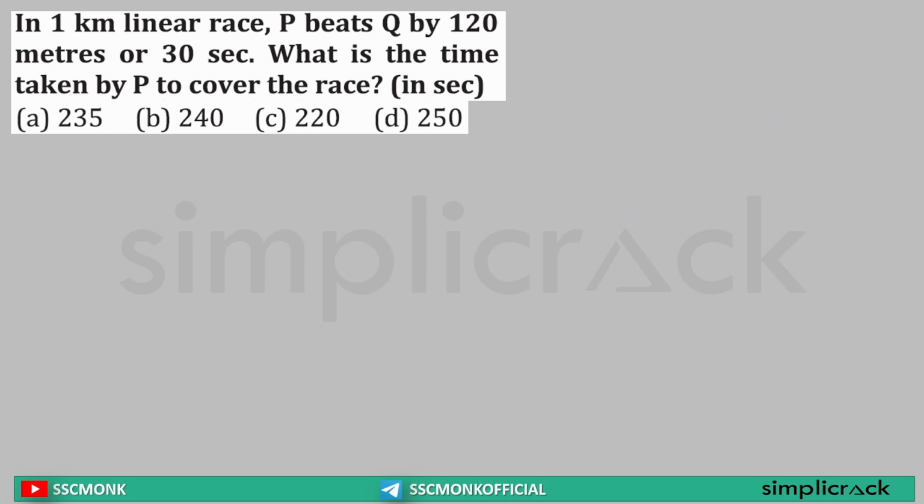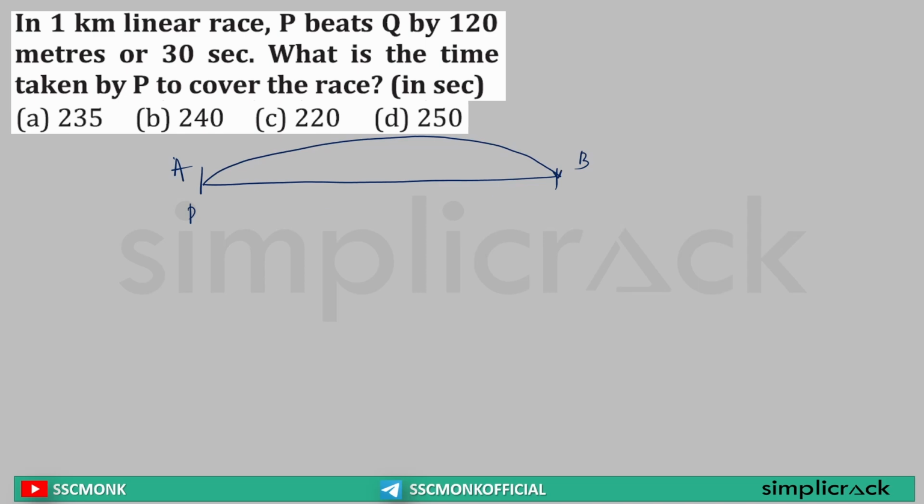Clear? Next. In a 1 kilometer linear race, P beats Q by 120 meters or 30 seconds. What is it saying? Sir, this is a linear race. Let's say this point is A, this point is B. P starts from here, reaches here. Q starts from here and reaches that point.